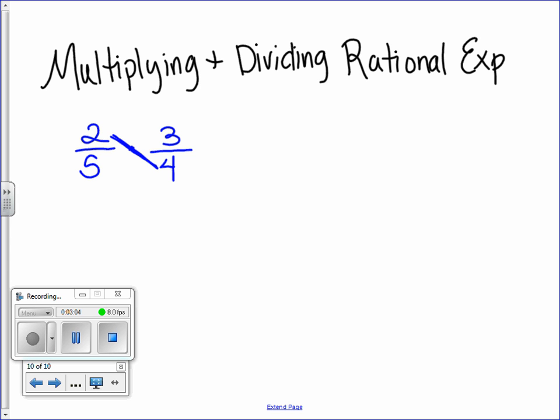It's a factor. We can cancel. 2 goes into 2 how many times? And 2 goes into 4 how many times? 1. And that actually lowers our chances of having to reduce later. Remember, you always have to reduce your fractions. So 1 times 3, and 5 times 2, 10. There you go. 3/10.